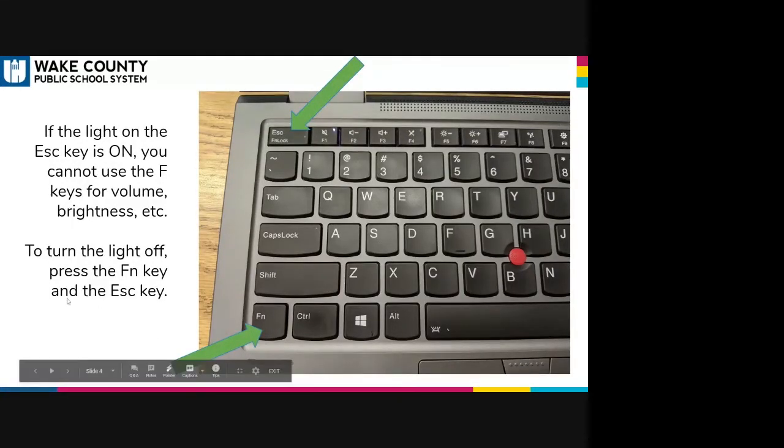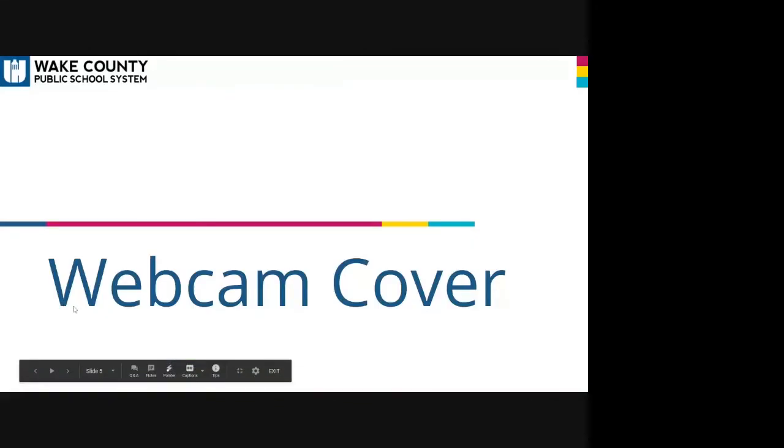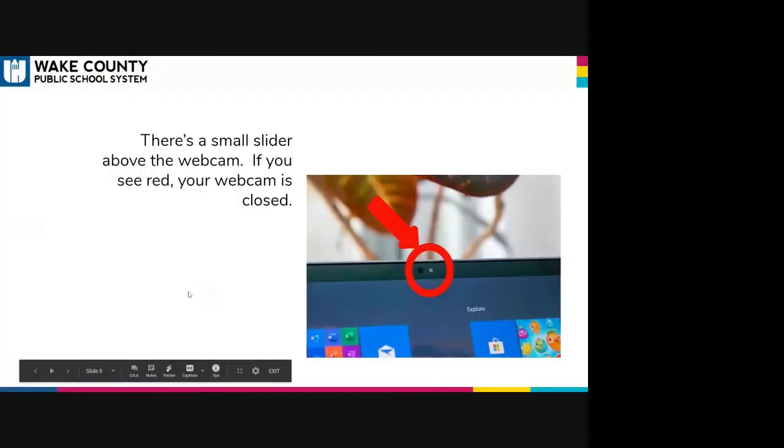Next, we'll talk a little bit about the webcam, just because this is one of the other biggest questions we get. Take a second and run your finger along the top front edge of your laptop computer, and you should feel a little teeny tiny button. That is the little slider button that blocks and opens your webcam.